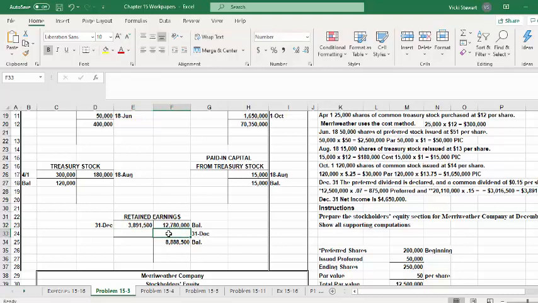The last item is the problem tells us that net income for the year was $4,650,000. And that would be credited to retained earnings.